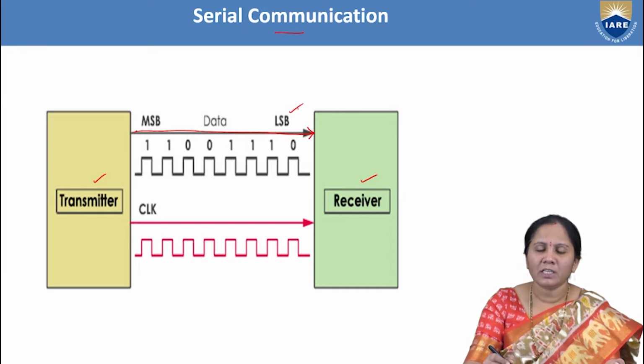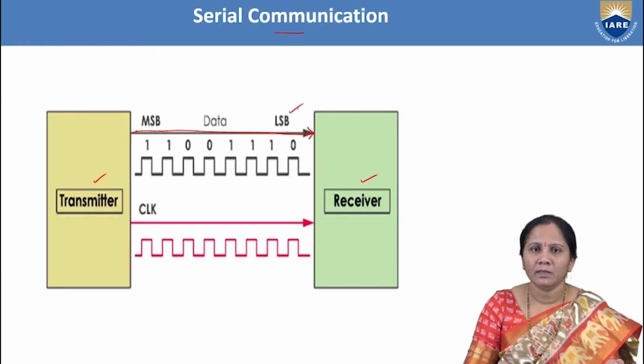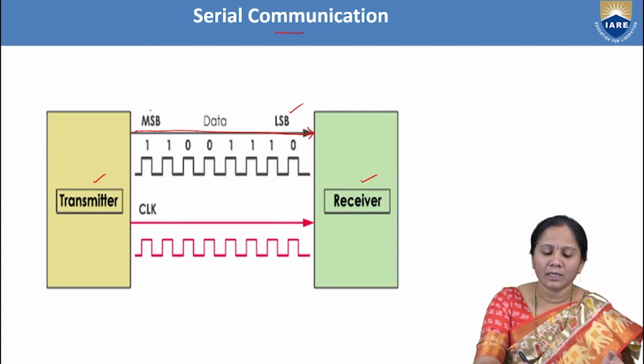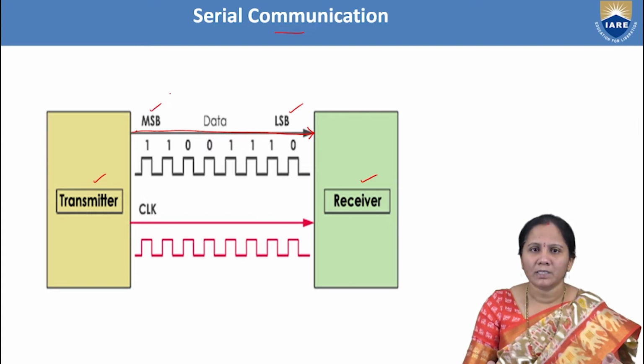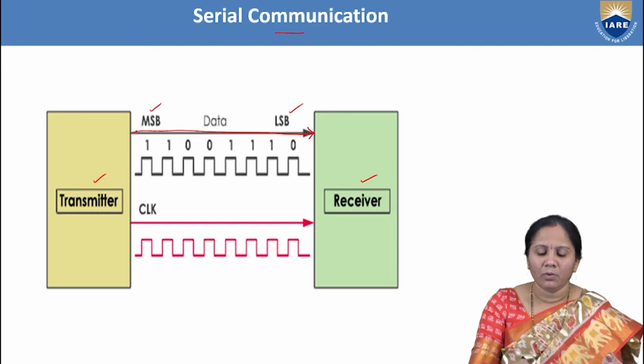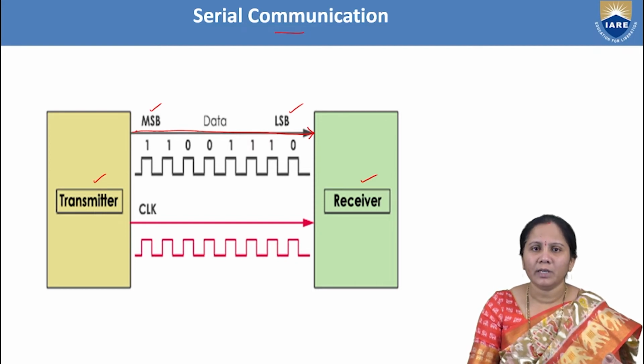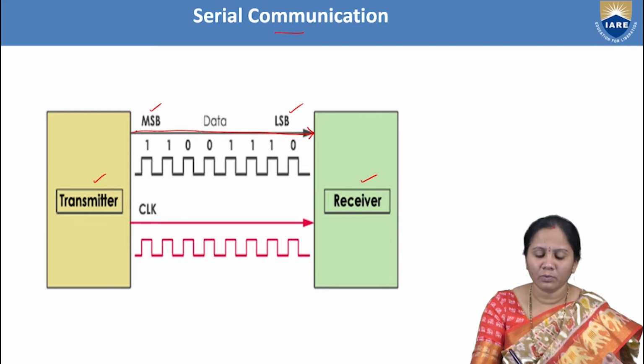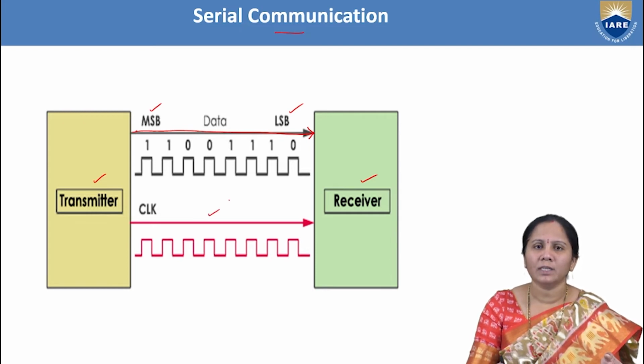First the LSB will be sent, and then the next bit will be sent. Like that, bit by bit transmission is performed using this single wire, and at the end the MSB will be sent. In this type of communication, while the data is transmitting, we have to consider the clock signal also. For transmitting each bit, one clock pulse is required.